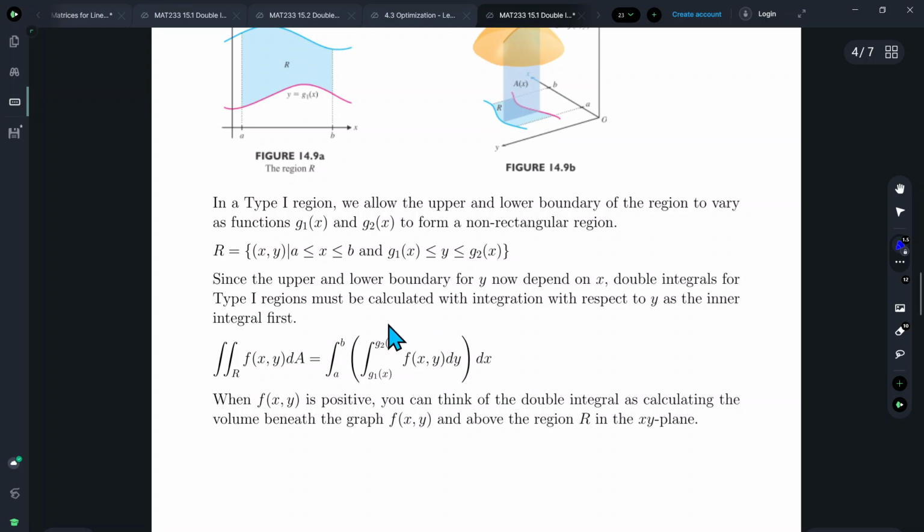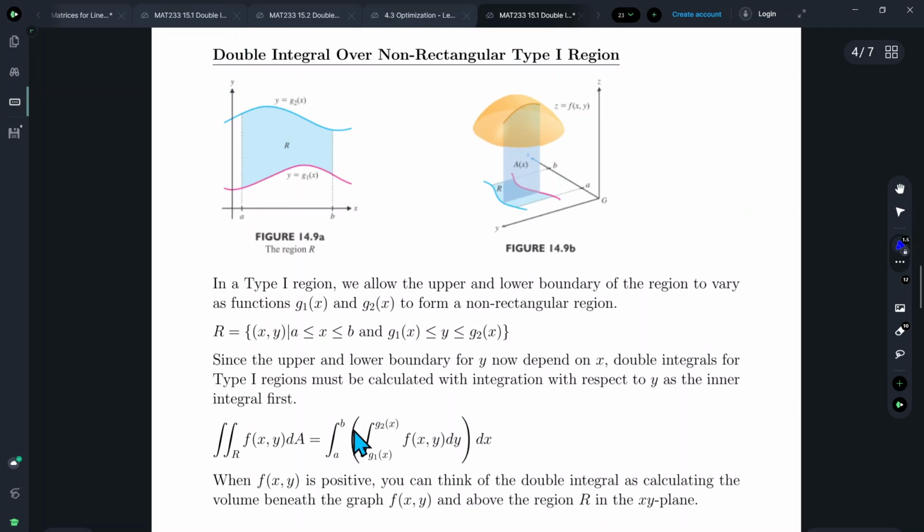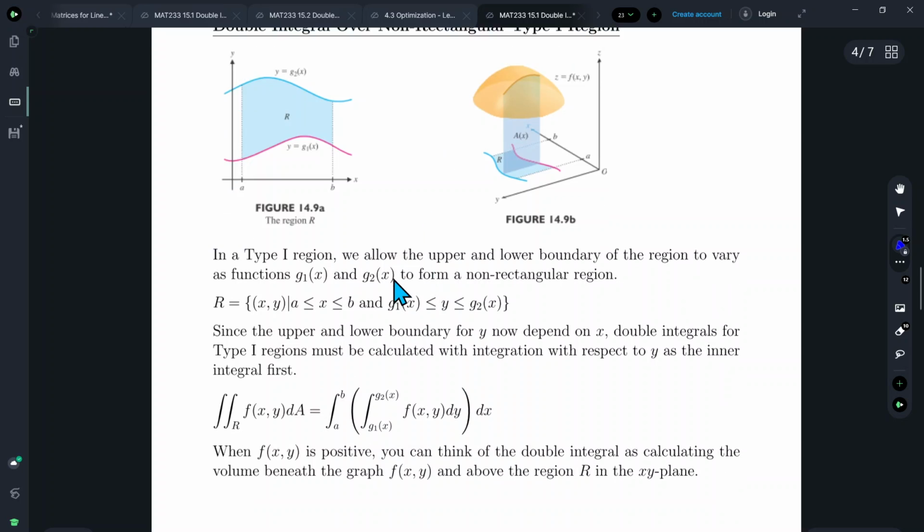And just as before, if f is a positive function, you can think of this double integral as representing some kind of volume between the surface of the graph and the region R. Okay, so now with this setup for a type 1 region, let's take a look at an example.